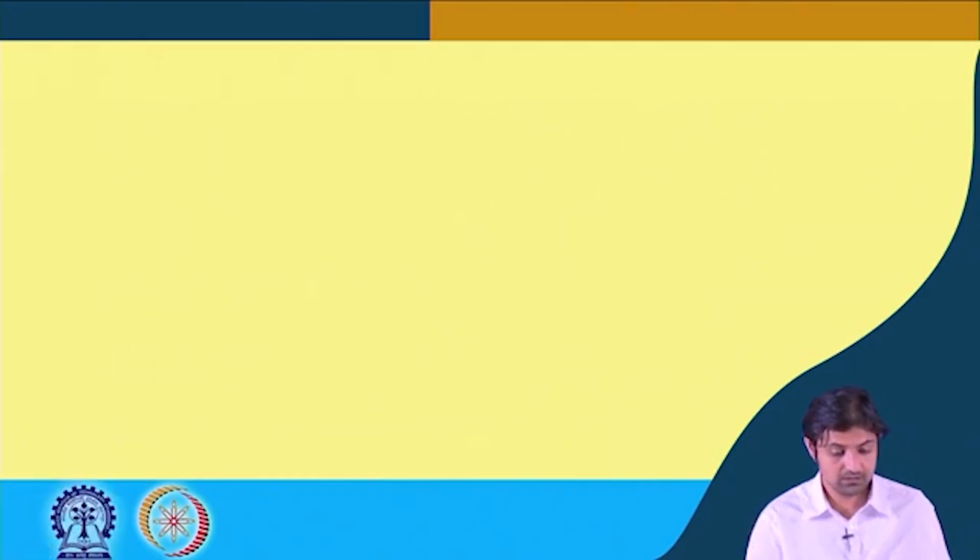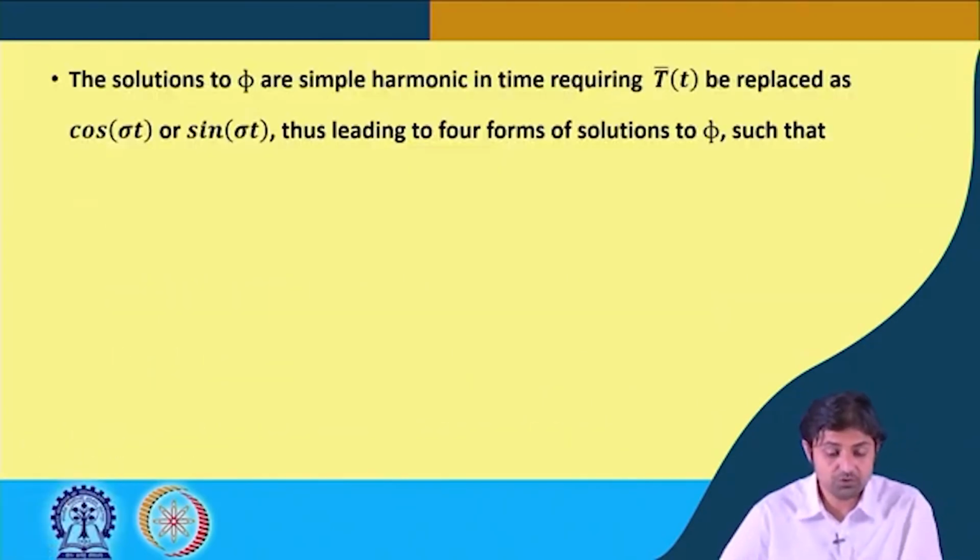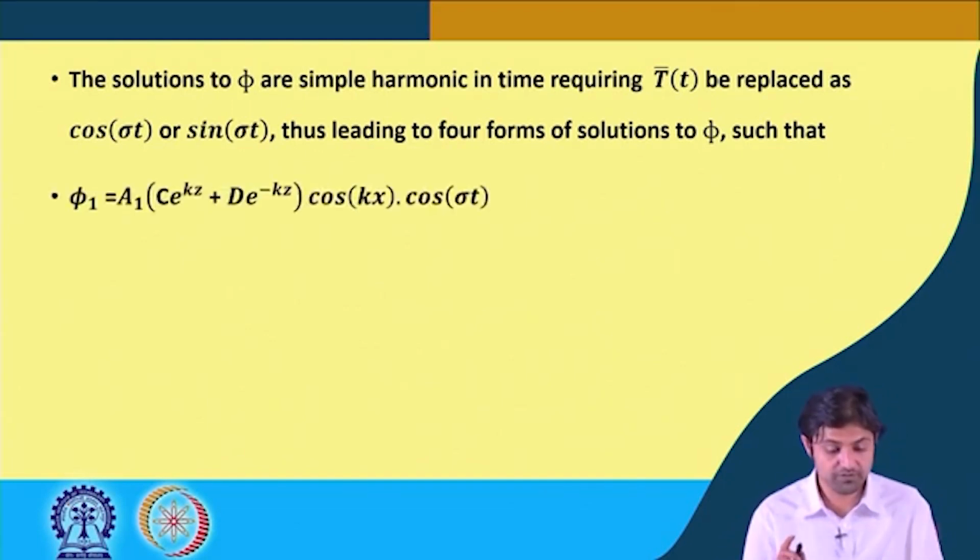Now, the solutions to phi are simple harmonic in time. That is because we know from before that they are waves and periodic in time. Therefore, T bar can be simply replaced by sin sigma t or cos sigma t, and therefore, with each of the values of sin sigma t or cos sigma t, we have 4 forms of phi.